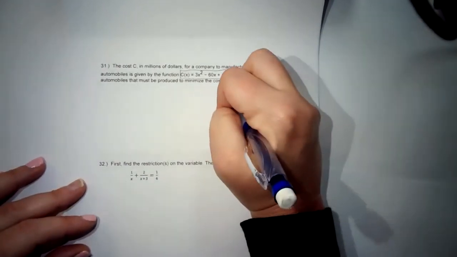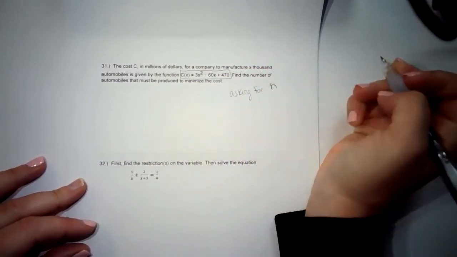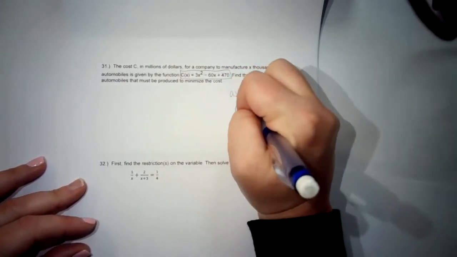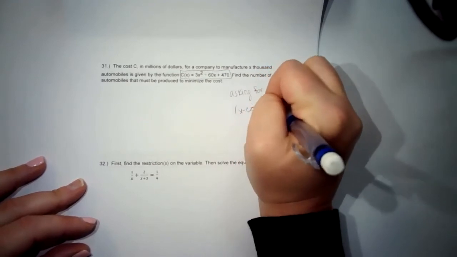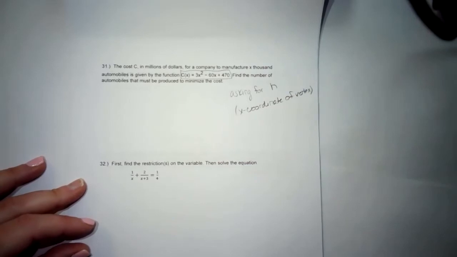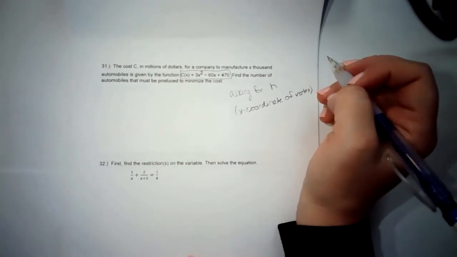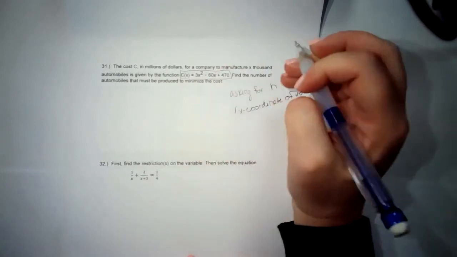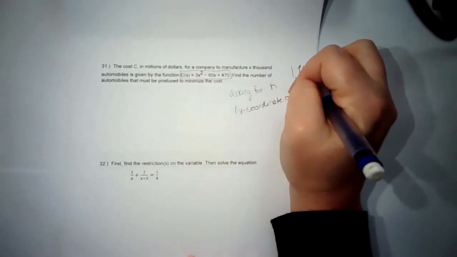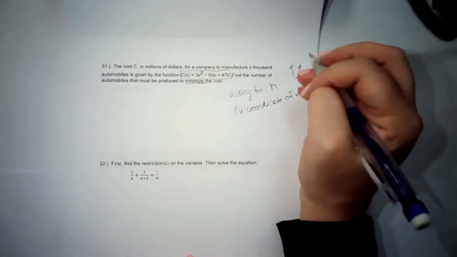What this is asking you for is H, which is the X coordinate of the vertex. That's what it's asking you for. Good gracious, how do you know that? Well, it's a quadratic, so this is a parabola. It's opening up because 3 is positive, and it's wanting to minimize the cost.